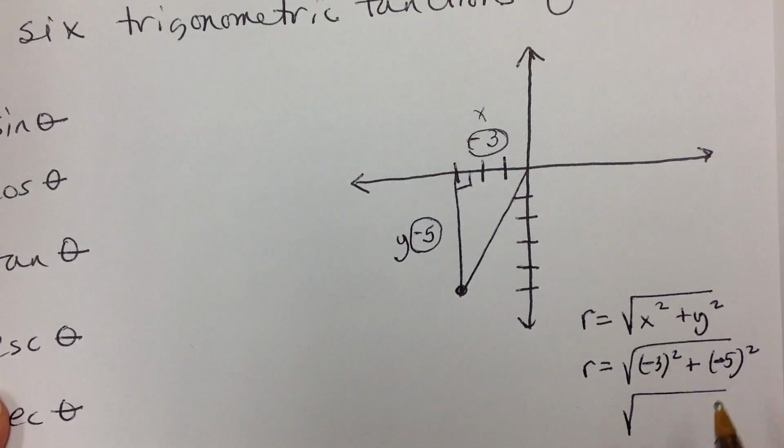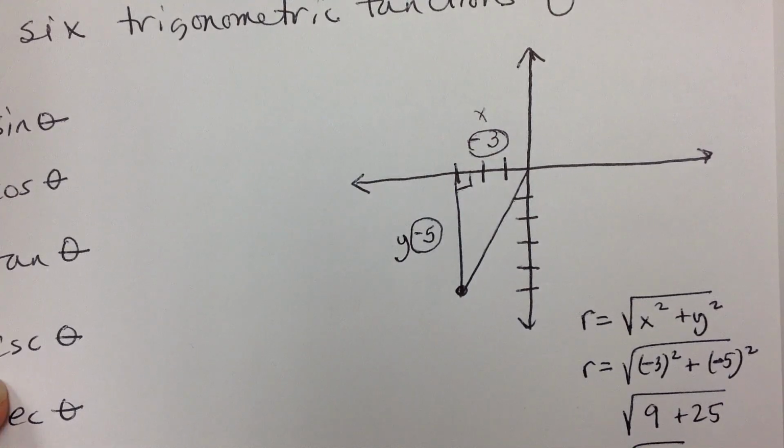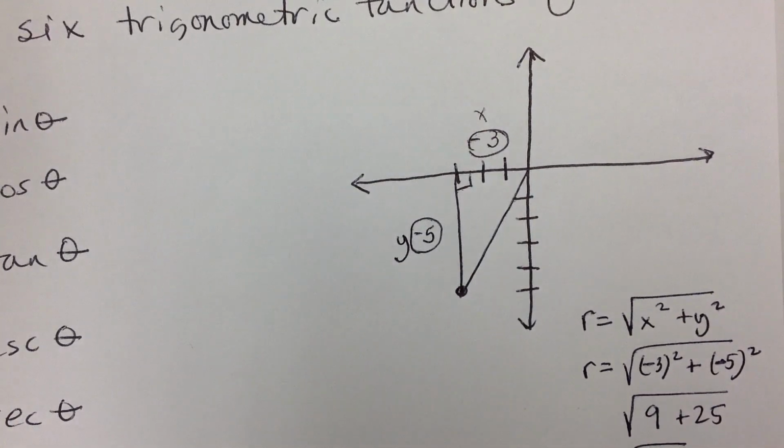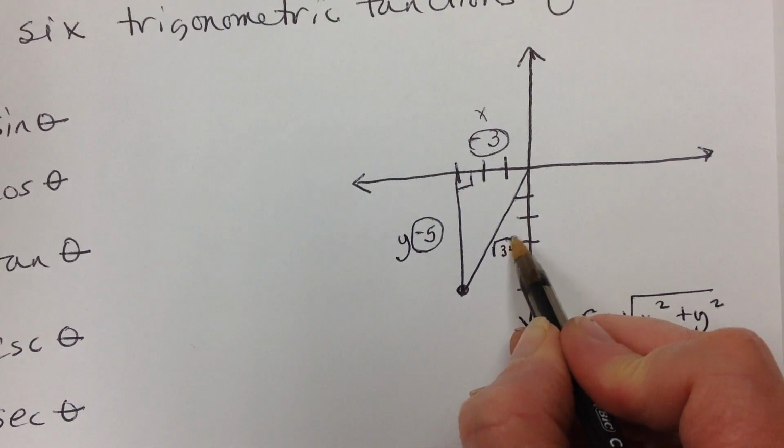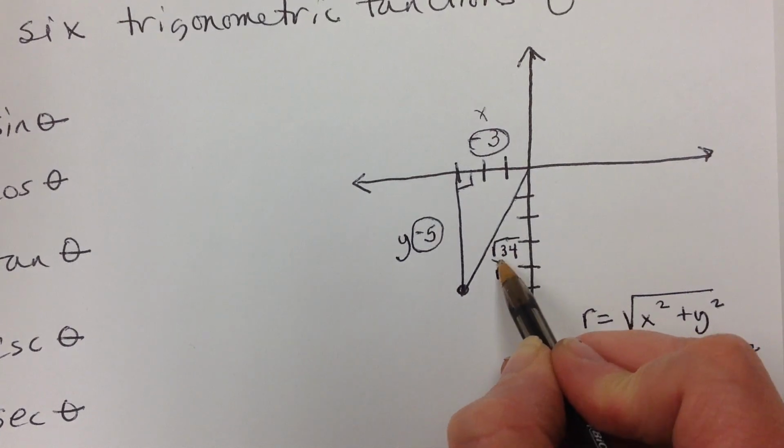So (-3) squared is 9, (-5) squared is 25. If you add those together, you get the square root of 34. So when I look at that problem, I see that my radius is the square root of 34. That is my r.